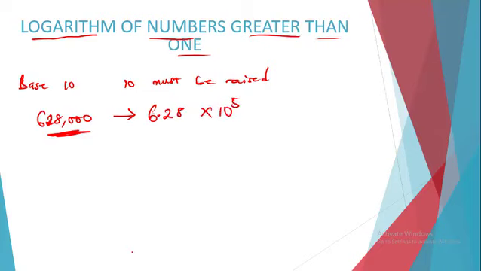Okay, is that correct? Remember when we have 10 raised to power 5, it's 10 times 10 times 10 times 10 times 10, five places, and when you express that, you have 100,000, and 628,000 divided by 100,000 will give us this.